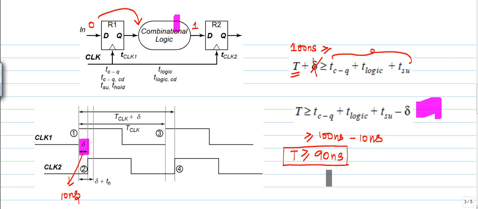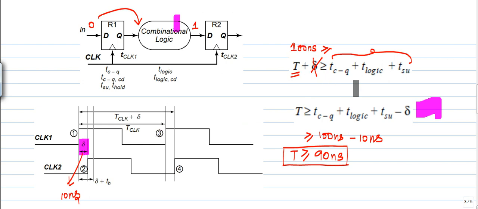So what is the advantage of the reduced time period for this TCLK? One can clearly understand that the rate at which the sequential circuit is clocked is greatly reduced. Before, without any clock skew, every 100 nanoseconds the registers are clocked, which means the registers R1 and R2 receive the positive edge signals every 100 nanoseconds.